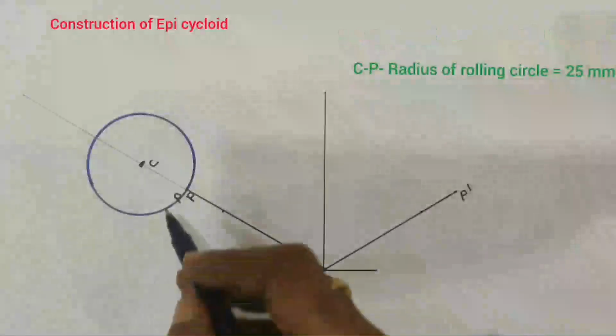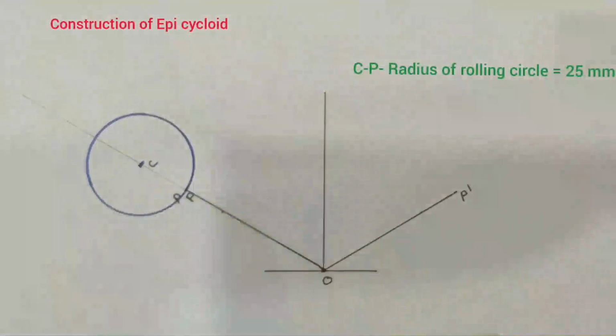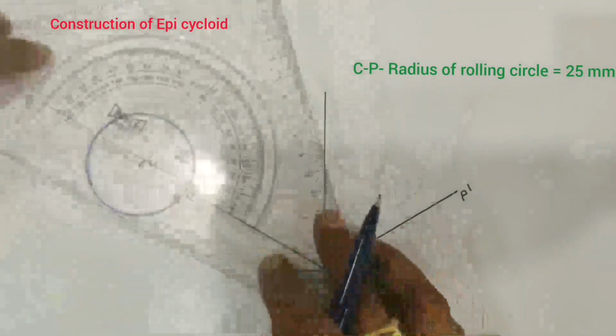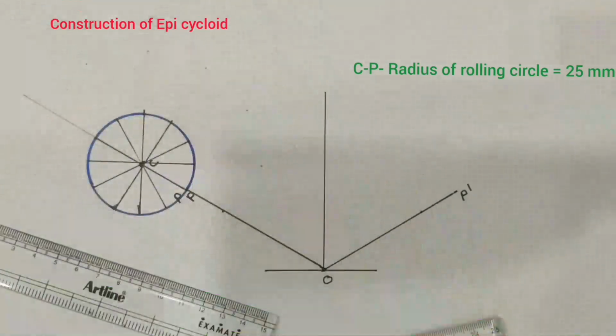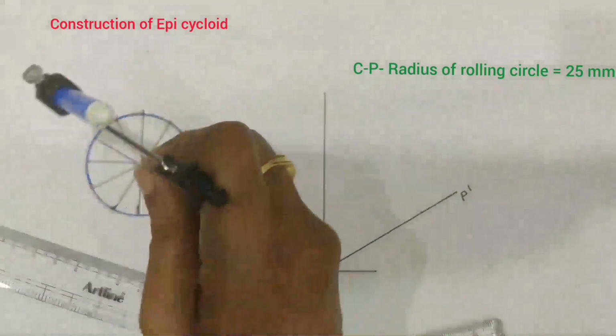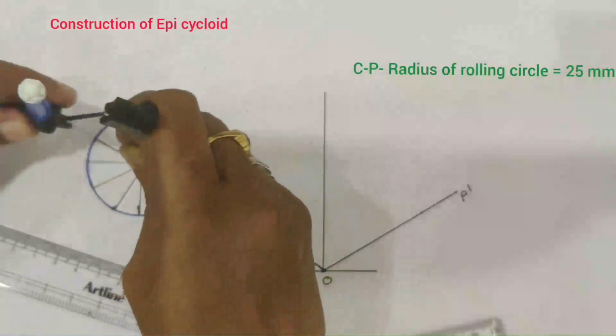After that, divide rolling circle into 12 equal parts. The circle is divided into 12 parts. Now the circle rolls in clockwise direction.